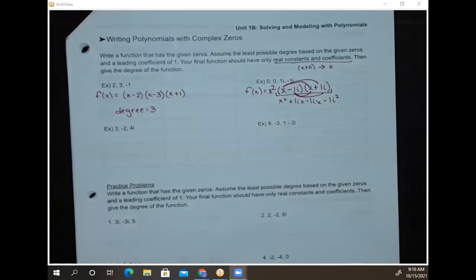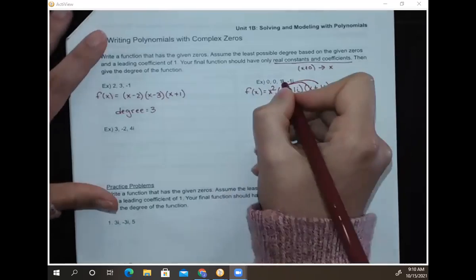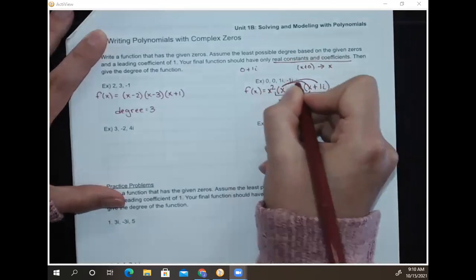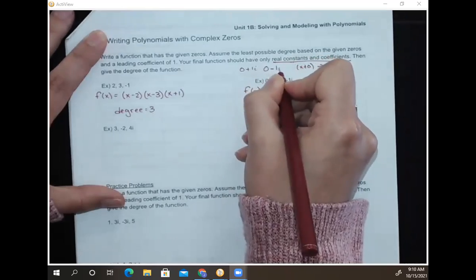Now, the other day, I mentioned how your imaginary zeros are always going to come in pairs. They're always going to come in opposite sign pairs, what we would call complex conjugates. So this I could think of as a complex number 0 plus 1i, and this would be the complex number 0 minus 1i.